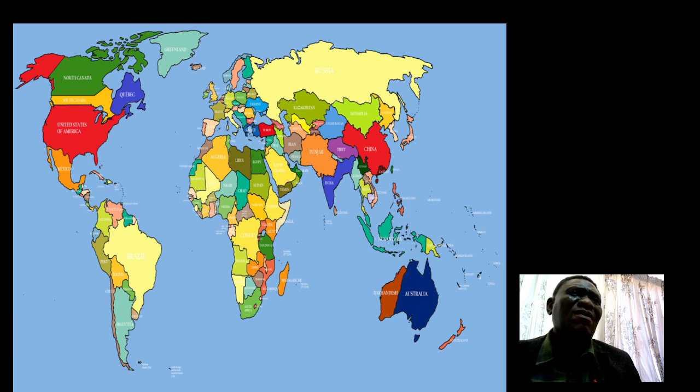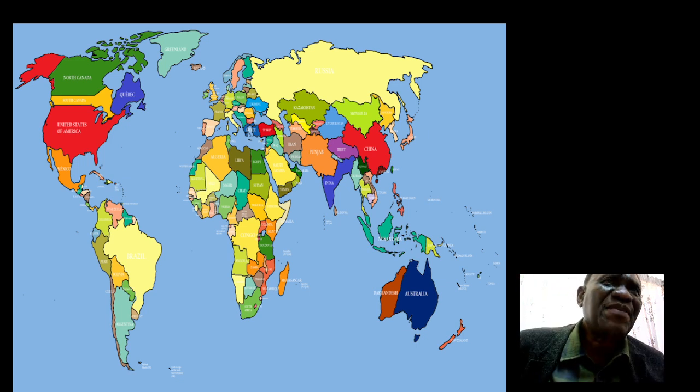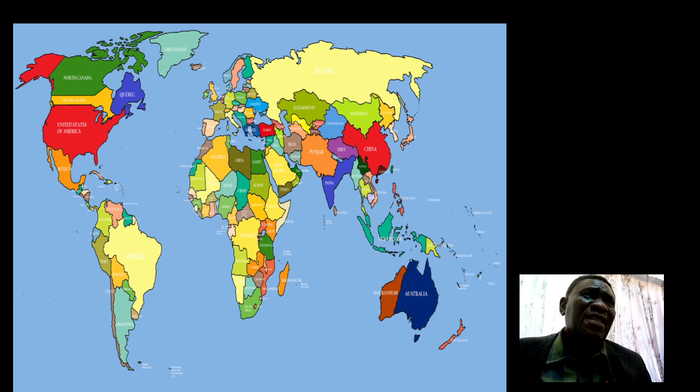There's also South Africa, China, a bit of India, Egypt, and some countries in Africa use them, especially in large-scale farming areas. But smallholder farmers hardly use these products.